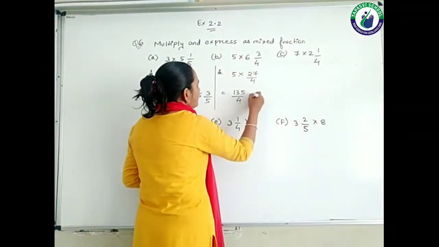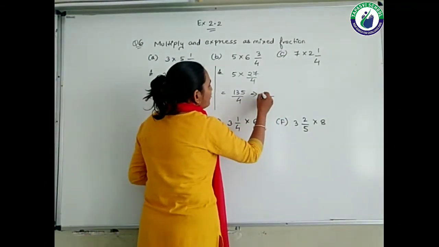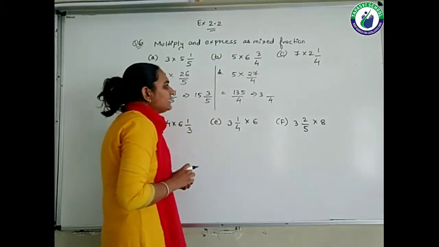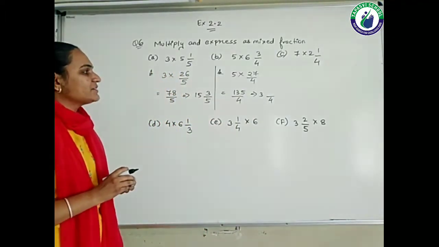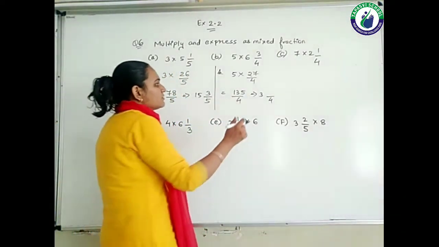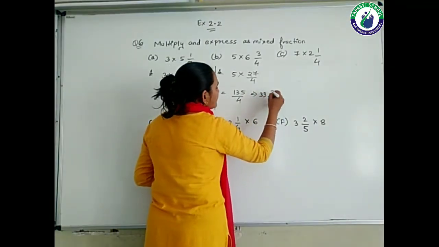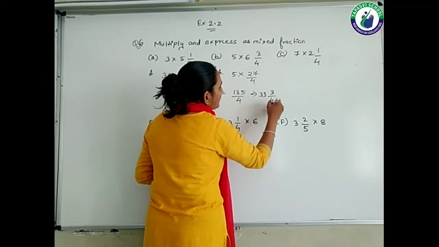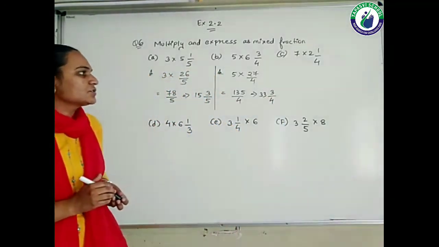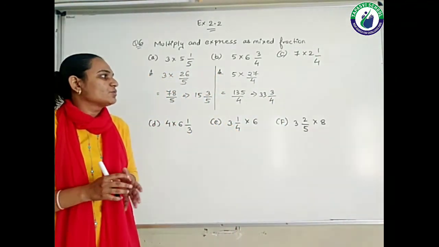So let's see the mixed fraction of it. 4 threes are 12 and we get 1 as a remainder, 15. So again 4 threes are 12. So this will be the mixed fraction of it, right? So 33 fours is 132 and 3 remainder, so 33 integer 3 by 4.